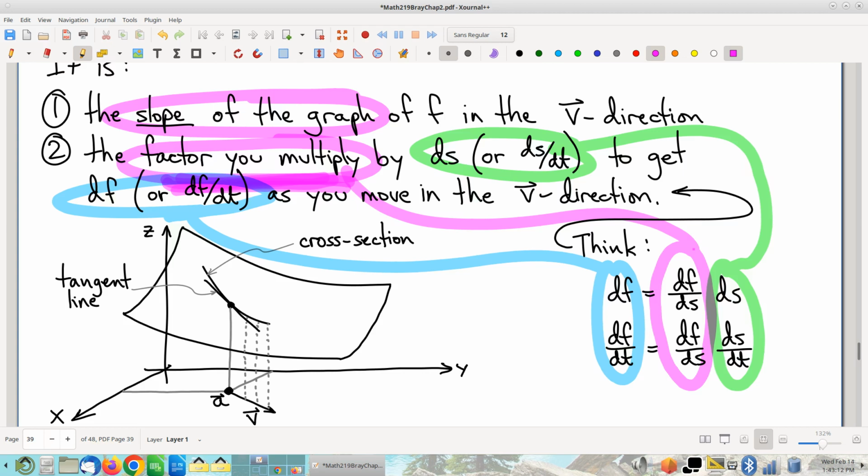If you're moving really fast, then sure, the function's going to be changing fast. If you're moving really slowly, the function's not changing much at all. It all depends on yourself. But rate of change with respect to distance is more of an absolute. It doesn't depend on momentary particulars, such as speed. Okay. All right, so it's another nice interpretation.